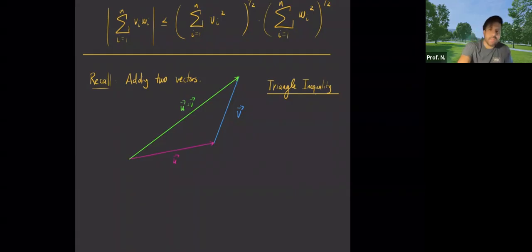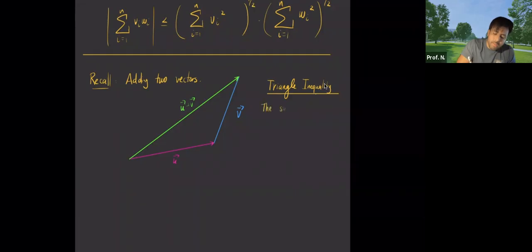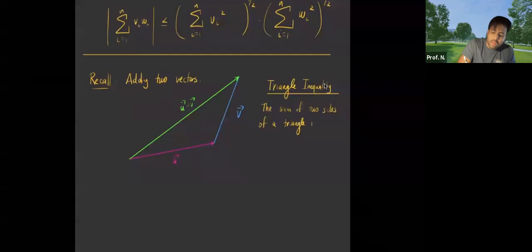No? Okay. So the triangle inequality is the fact that the sum of two sides of a triangle must always be greater than the third side.